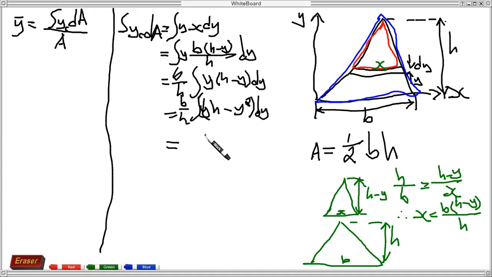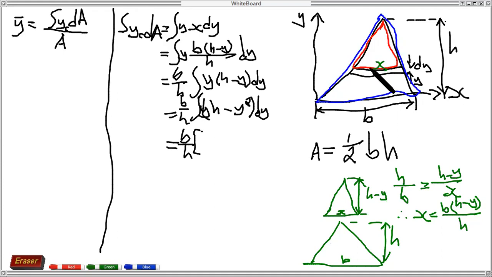Once you have that, you can then just integrate the equation. Then you're going to have your b over h. Remember, we're going to have to integrate this because of the height of the triangle.